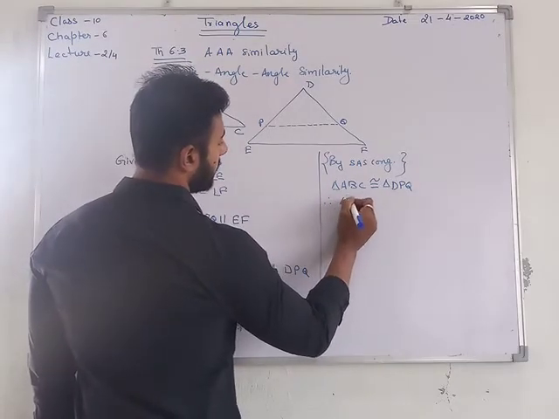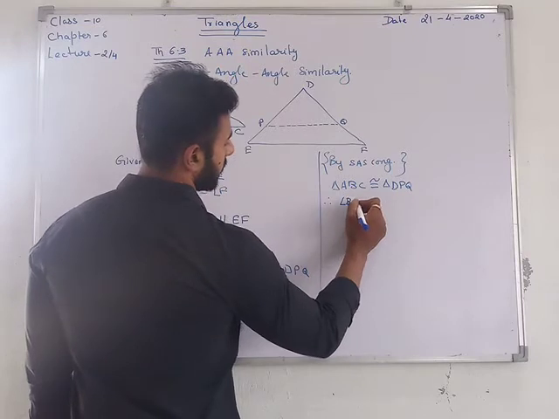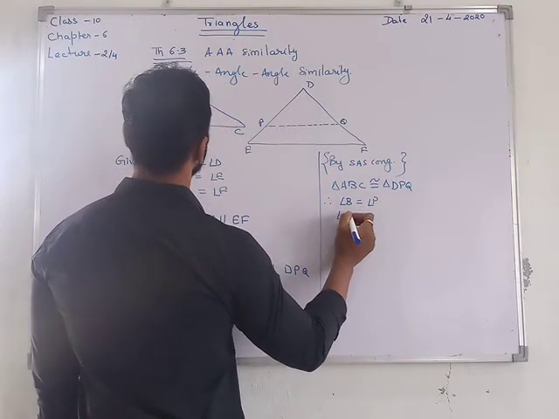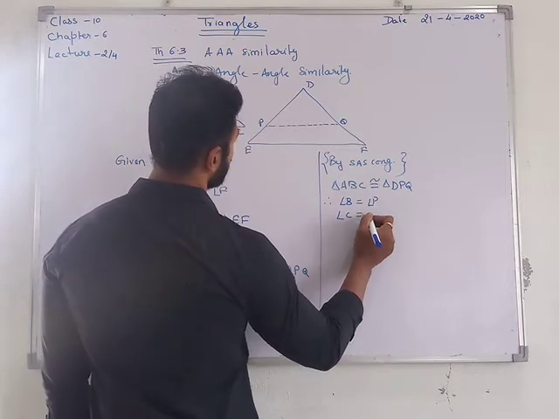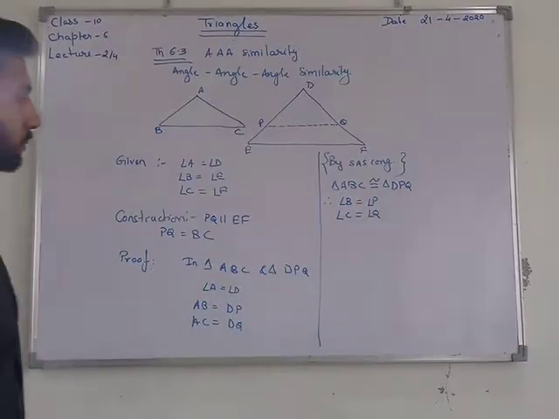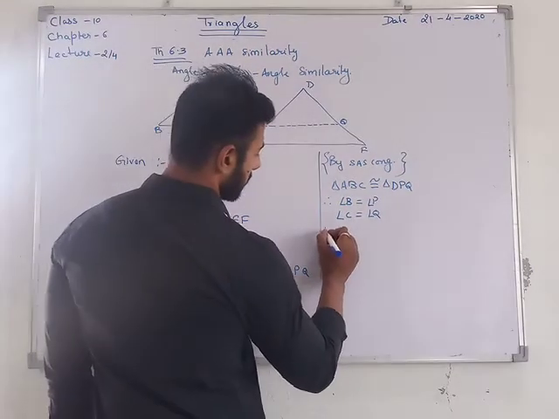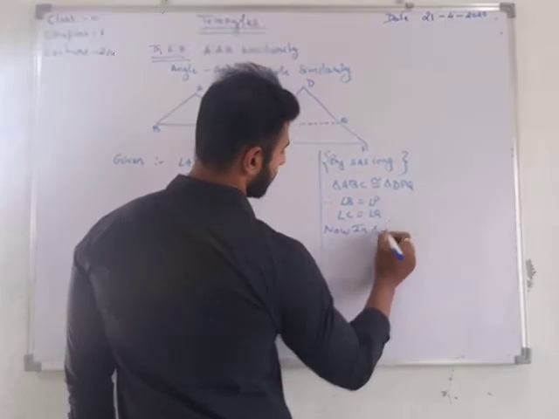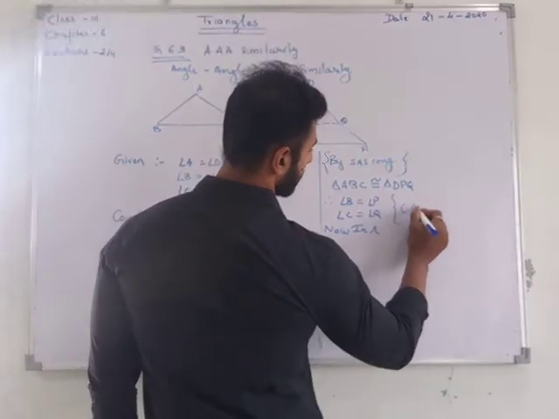Therefore, angle B is equal to angle P and angle C is equal to angle Q. This is by CPCT.